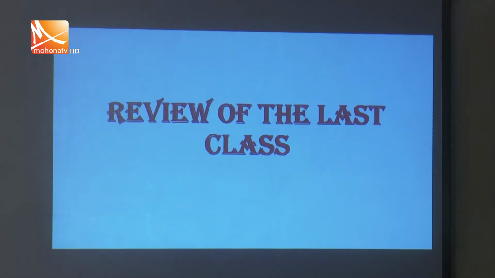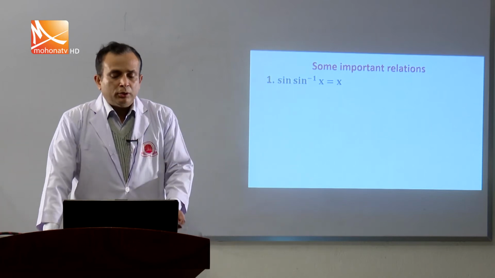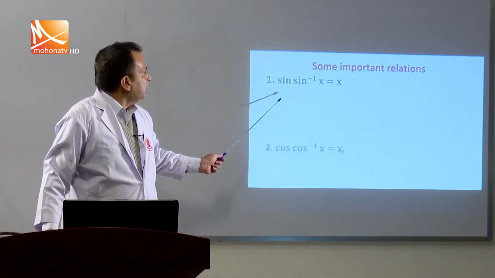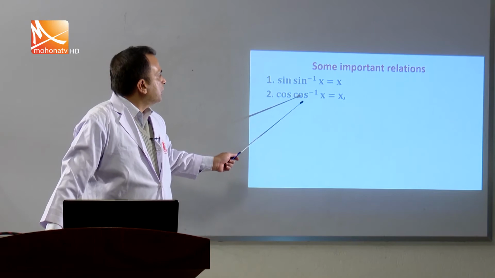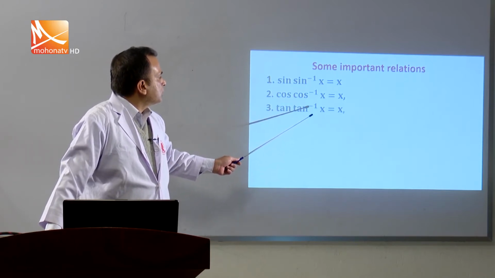Dear student, now we would like to review the previous class. Some important relations we have already learned in the preceding class. First one, sin inverse x equals to x. Then cos inverse x equals to x. Then tan inverse x equals to x.